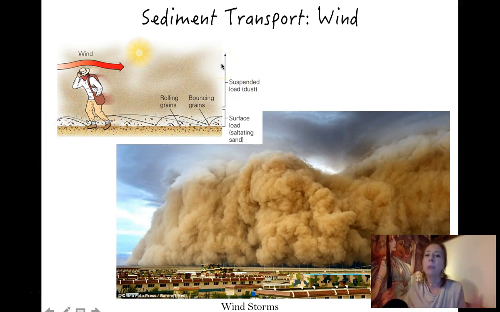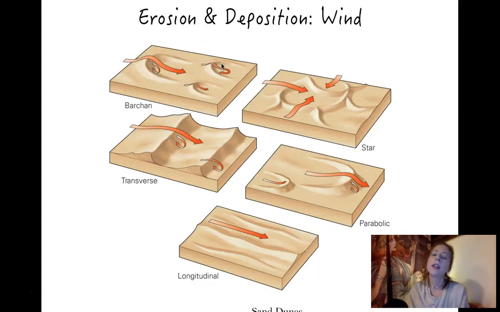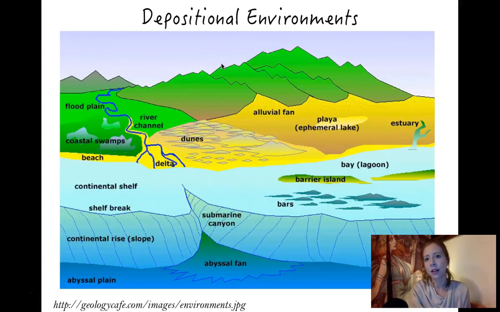So once again, we get a suspended or dust load, and then we get the surface load, which is called saltating. And deposition in a desert environment really depends on the direction of wind. This schematic shows the formation of different types of sand dunes based on wind patterns.